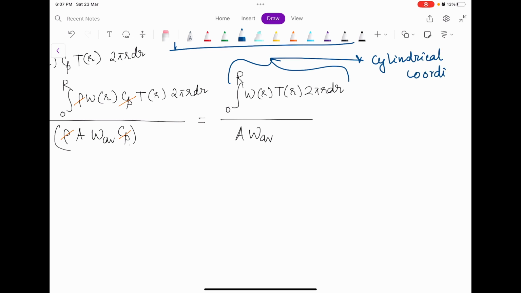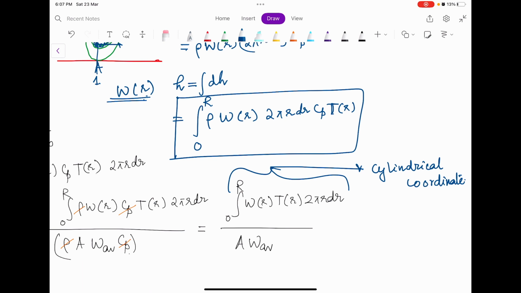So what if anyone asks you the same problem, I can give you internal forced convection between two parallel plates, then how can you solve it? If you say that I knew the bulk mean temperature concept in the cylindrical coordinate, but I don't know it in the Cartesian coordinate, I knew it for the pipe, but I don't know it for the parallel plate channel, then how can you not know?